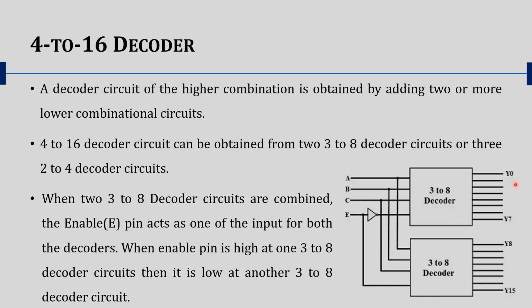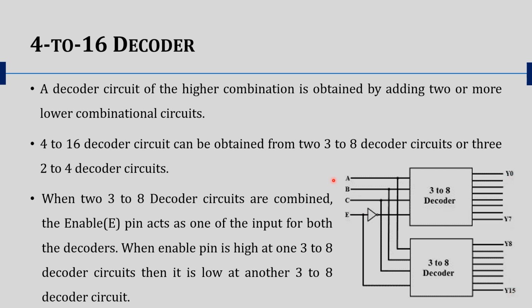So the first decoder generates 8 output lines, and the second decoder generates the next 8 output lines. So we'll be getting a total of 16 output lines. The output lines are Y0 through Y15.